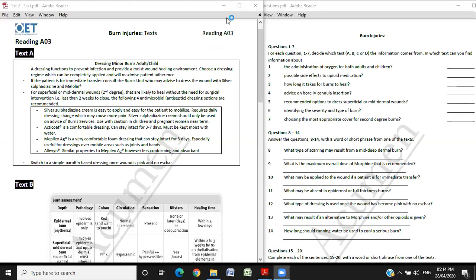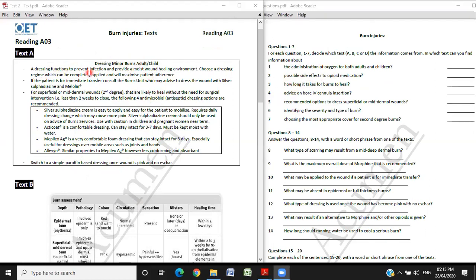So here you can see the text A, right? Here you have text A, and what we are learning now is the skimming technique. So what I do for questions 1 to 7 is I don't read the question first, I read the text first. So first I read the text and then I go to the question.